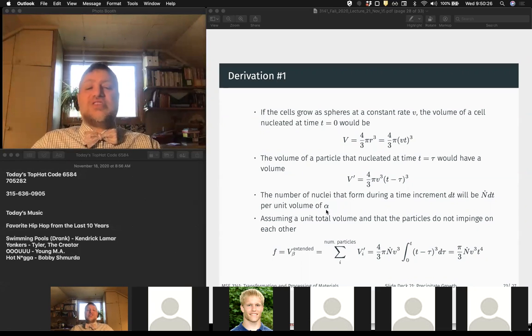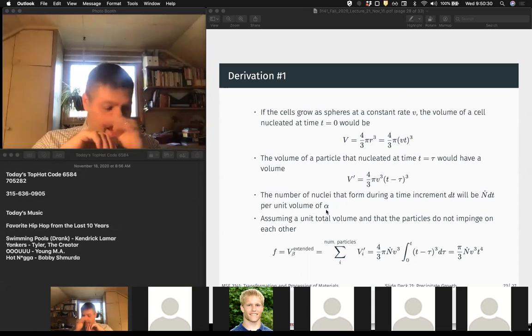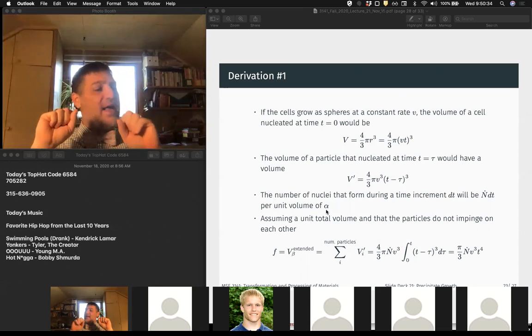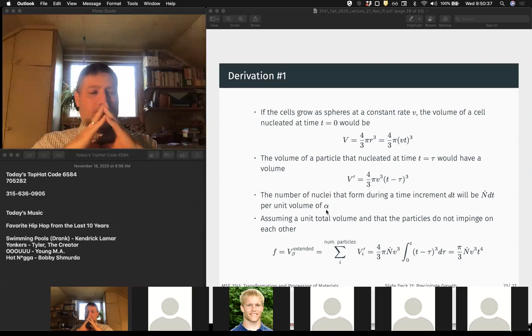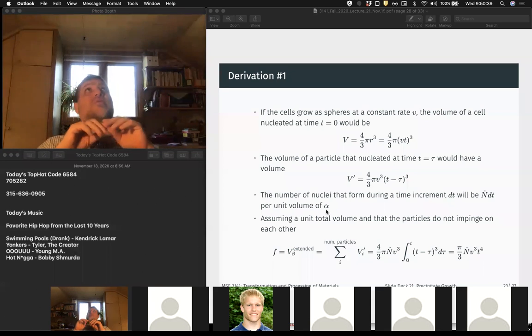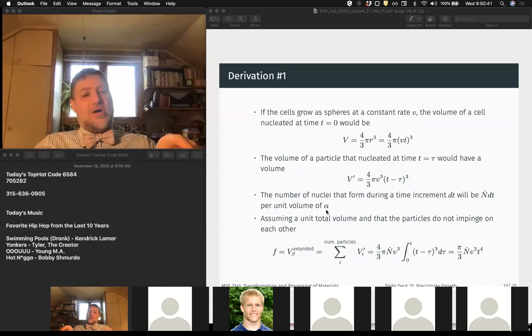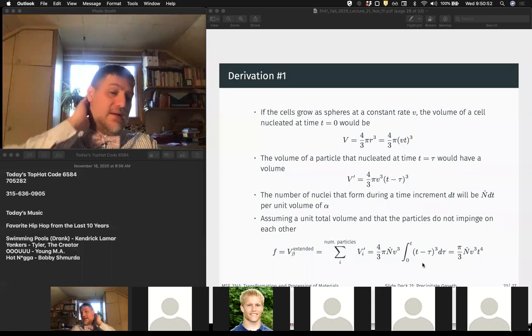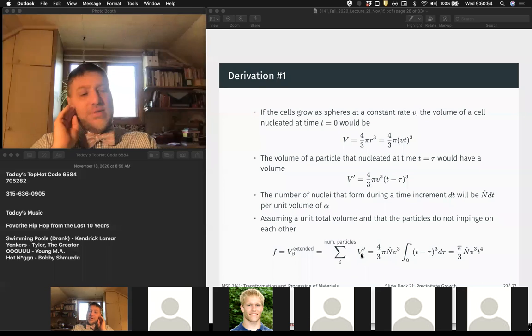So if we assume early time, before any impingement, and that every nucleus that we throw in lands in alpha, meaning that the volume fraction of alpha is still much larger than the volume fraction of beta, it should make sense that the extent of the transformation, or the volume fraction of the beta, is just going to be the sum over all of those particles.